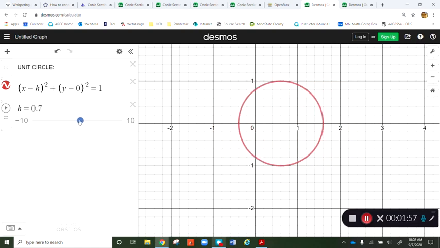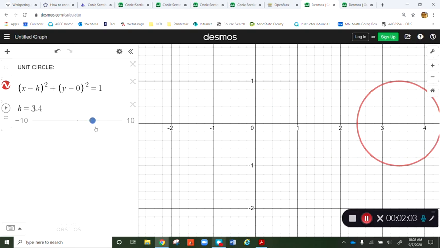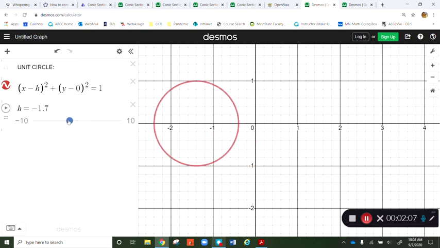As I increase the value of h, you see it moving to the right. So whatever number is being subtracted from x is the distance by which this thing is shifted to the right. That means if I subtract a negative number, which would actually be adding to x, then I'm shifting to the left. Okay, so remember that. Whatever you subtract from x is an amount by which this graph is being shifted.